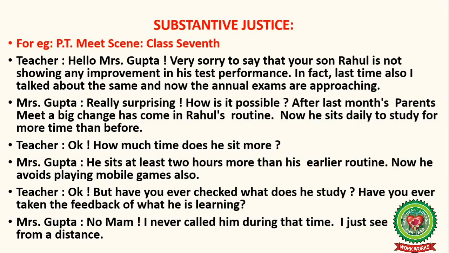In fact, last time also I talked about the same and now the annual exams are approaching." The teacher is very much worried about Rahul. He is not showing any improvement in the class test also. And the teacher wants that he should score better in the annual exams.